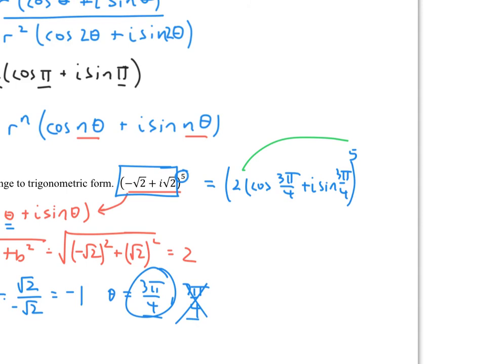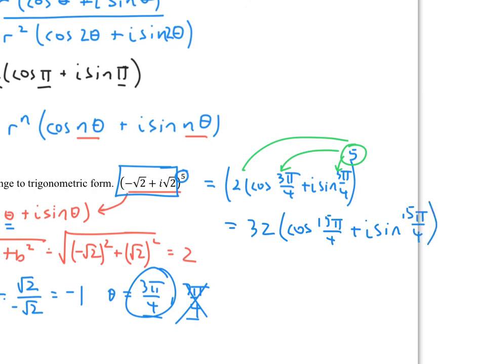So what is 2 to the 5th? 32. Next, I take my exponent and multiply it by each of the angles. So therefore, I have cosine of 15 pi over 4 plus i sine of 15 pi over 4.